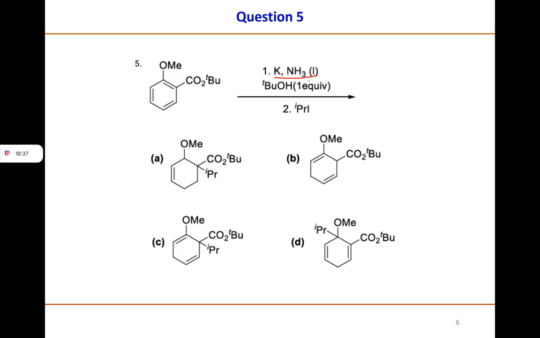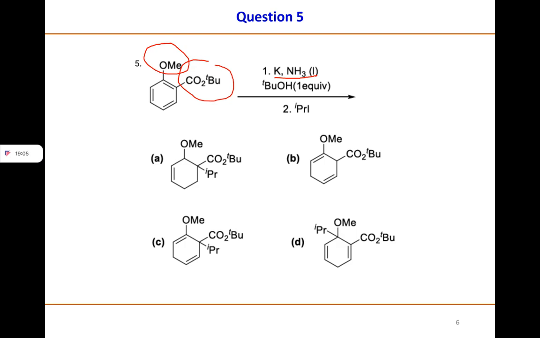So Birch reduction has several rules. Like if you have an electron donating group, then it will give a different result, and when you have an electron withdrawing group, that time you will get a different result. So talking about this ring, we have a donating group here, and here we have an ester group, right?